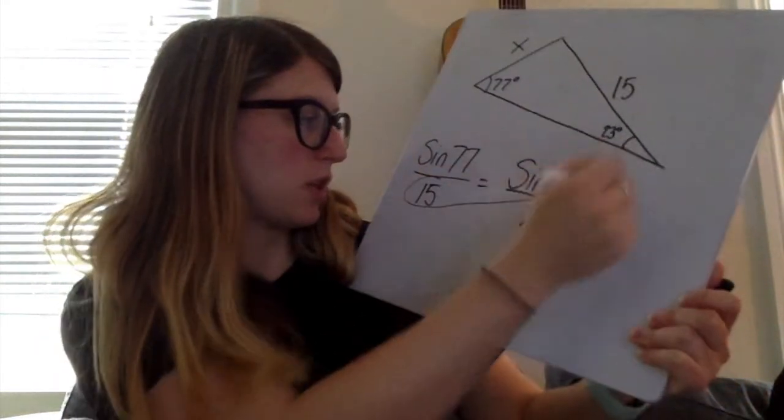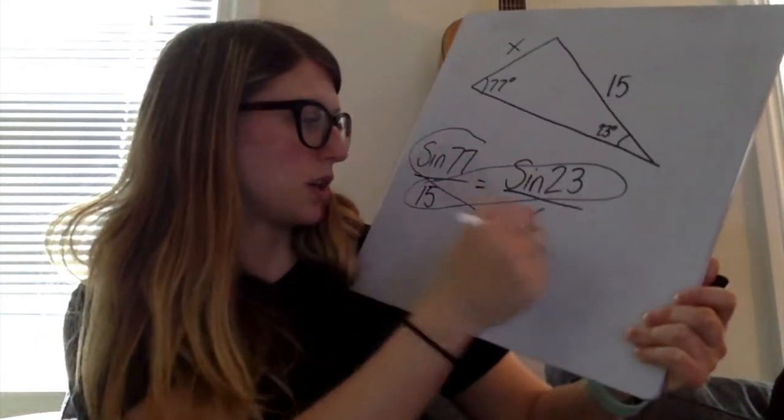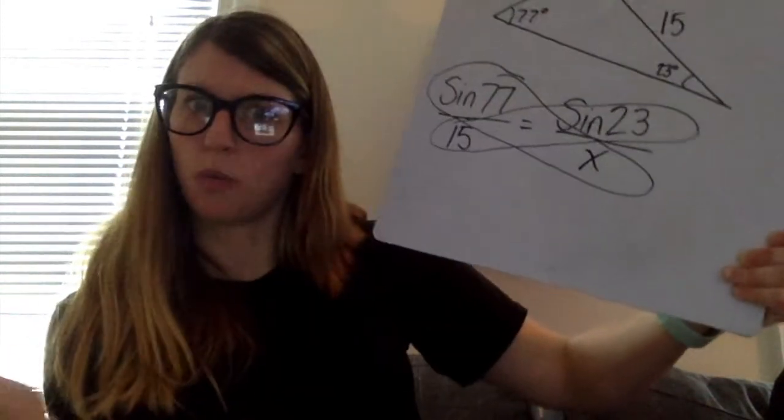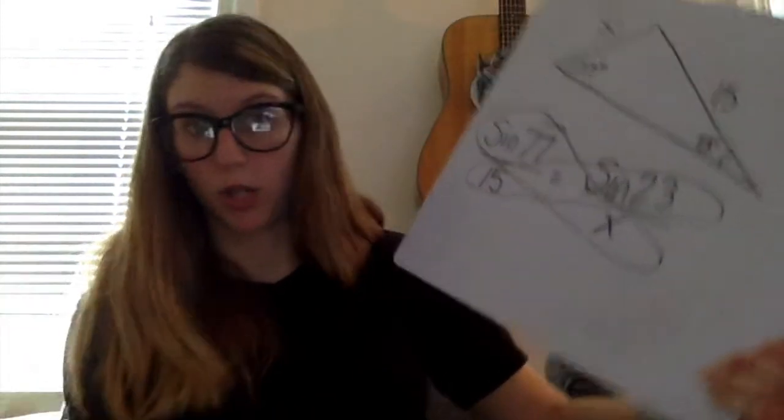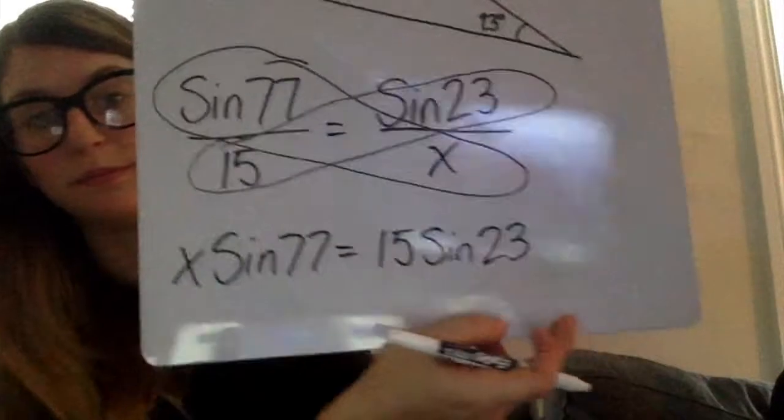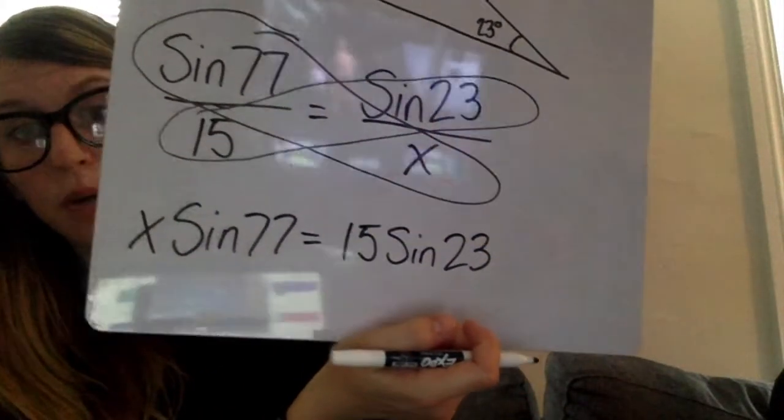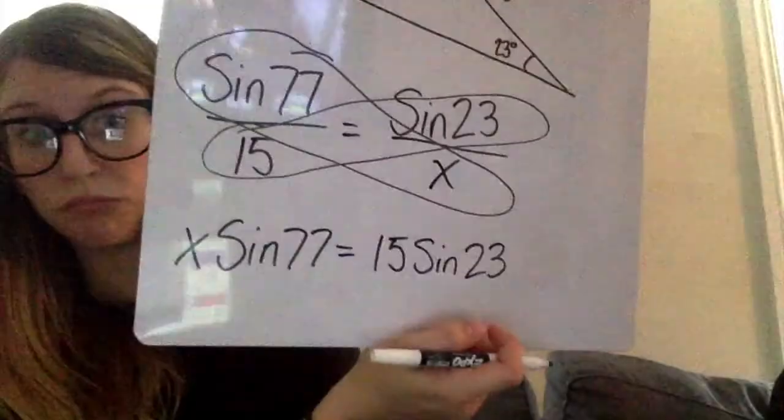So my 15 is going to go here, my x is going to go here, and I'm going to make some weird looking algebra problem. So I'm going to have x sine of 77 equals 15 sine of 23. Now I just need to get x by itself.